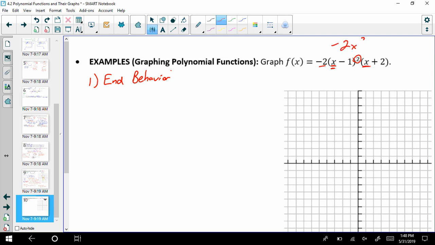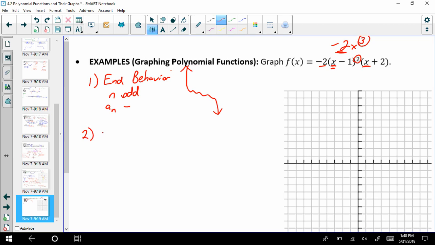So my leading term would actually be a -2x cubed if it was all multiplied together. So because my exponent is odd, and the number out front, the leading coefficient, is negative, my ends are going to be going opposite ways.